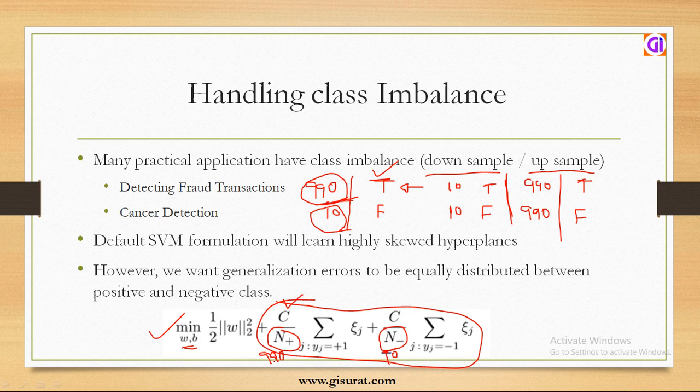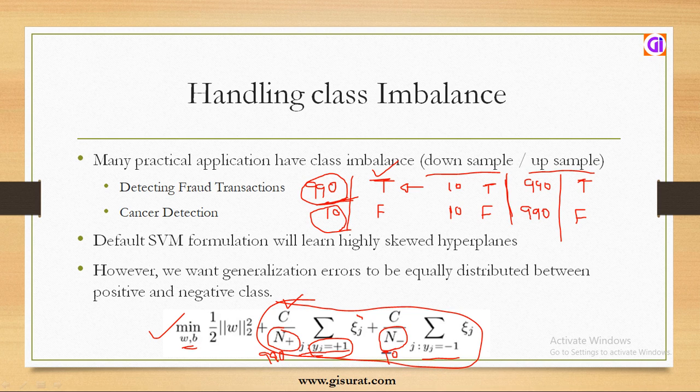Now what about this sigma, where j starts with yj equal to +1, and here yj equal to -1? That is positively labeled and negatively labeled. Y is the label value.